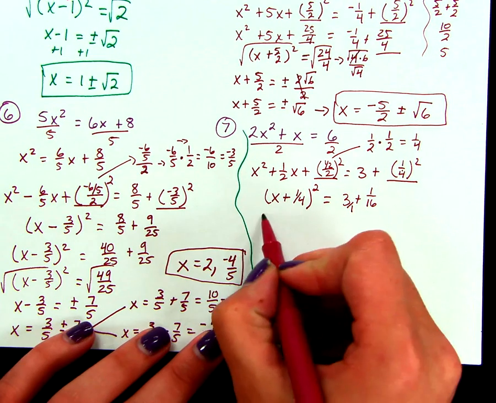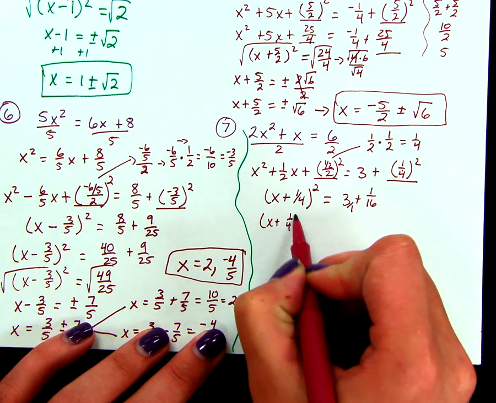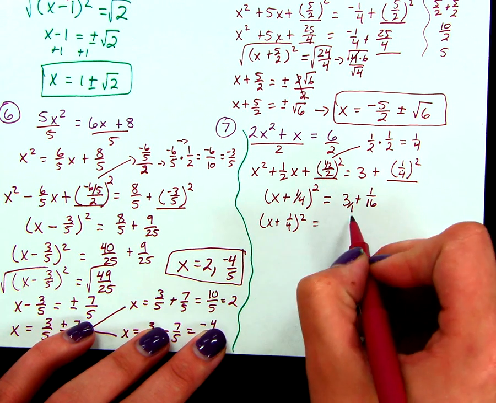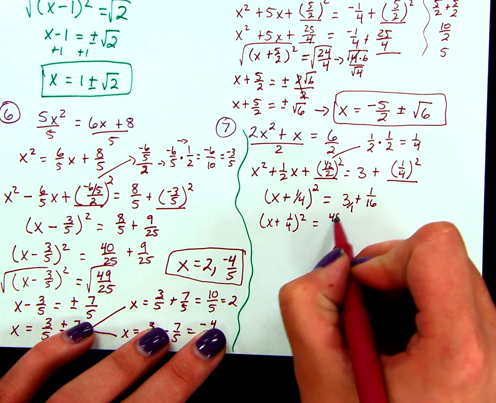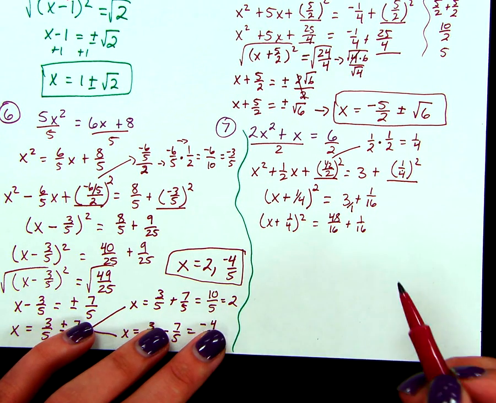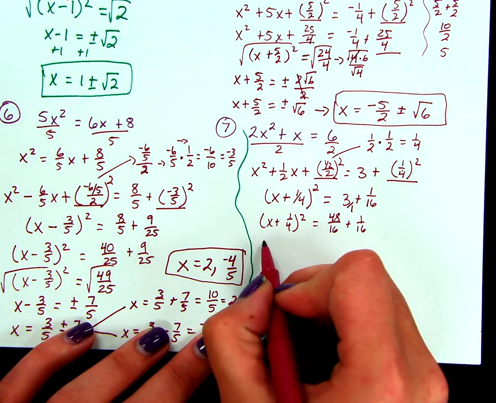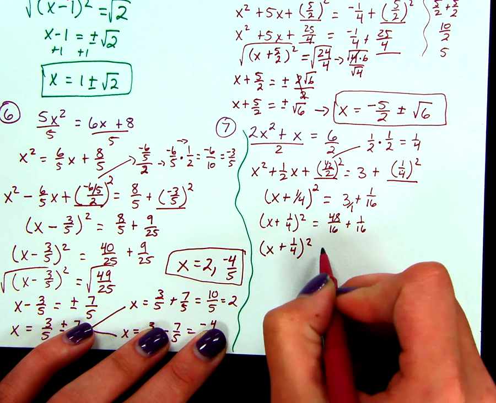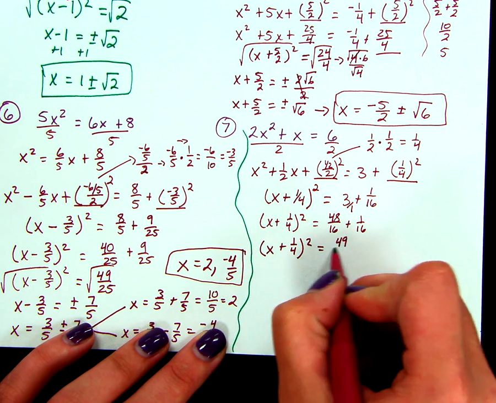So I'm going to have x plus 1/4 squared, and we need to multiply by 16, so 3 over 1 will become 48 over 16 plus 1/16. We want to combine our like terms. So x plus 1/4 squared equals 49 over 16.